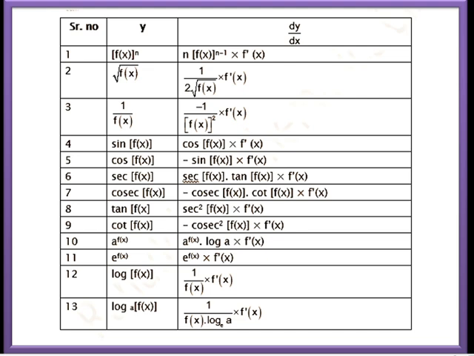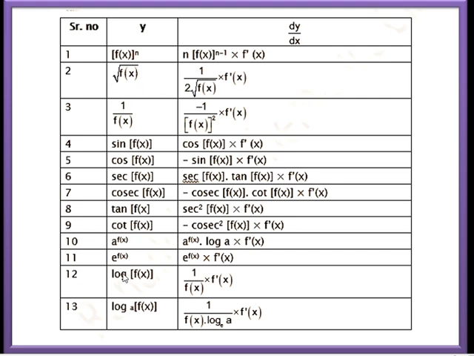So in general, if the base is f(x), then what is derivative of f(x) raised to n? Logic is very simple. Suppose f(x) is u. What is derivative of u raised to n? It is n u raised to n minus 1 into du dx. Why? Chain rule. So into derivative of f(x), which is f dash of x.